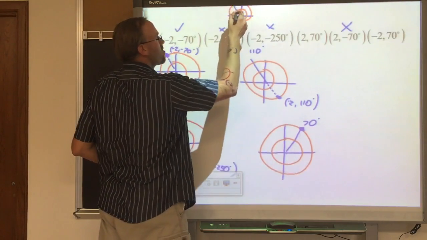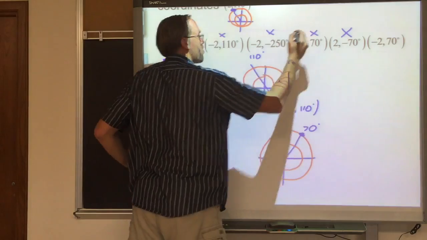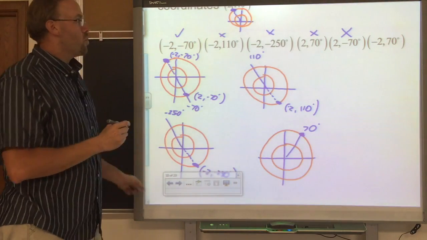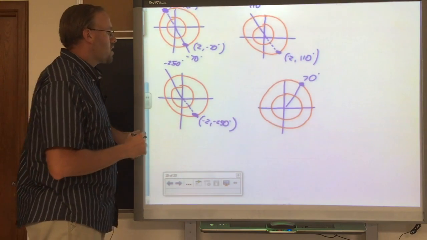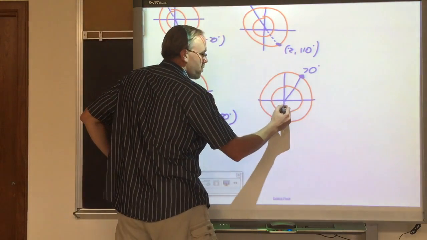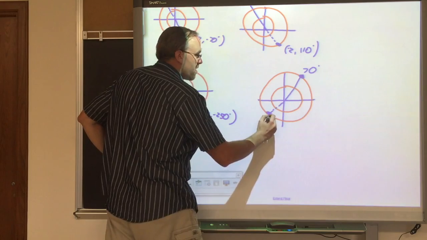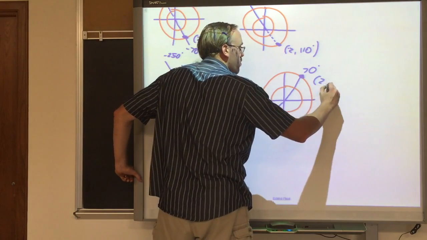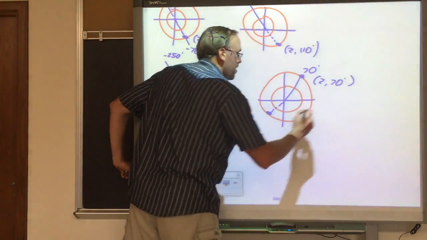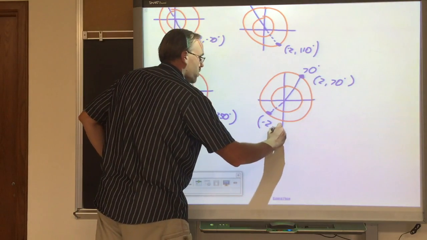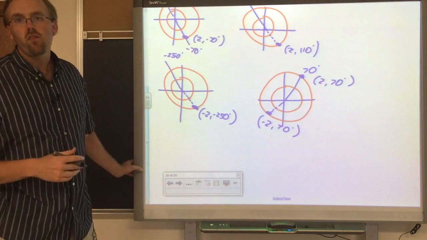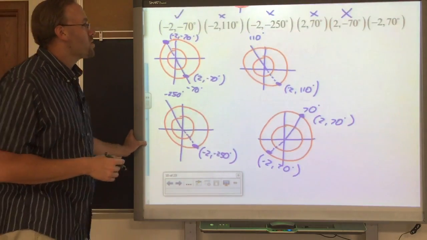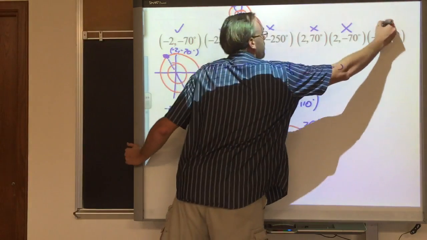That doesn't coincide with this one. So we'll nix that. The other one, negative 2, 70, that's going in the opposite direction. That's going down this way. So 2, 70 degrees is here. Negative 2, 70 degrees is there. But that point is in the third quadrant. So that point doesn't coincide either.